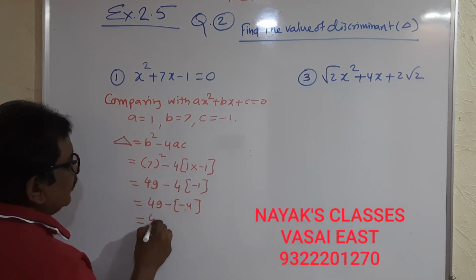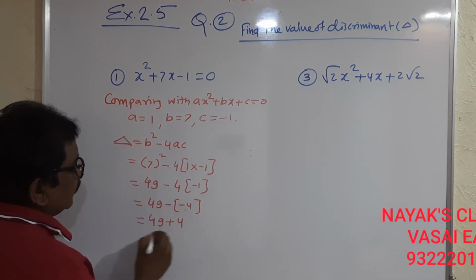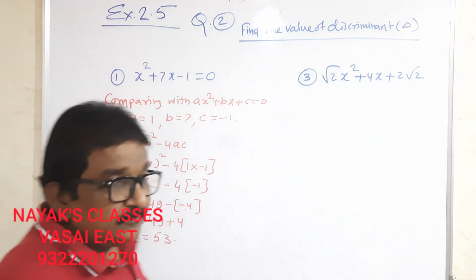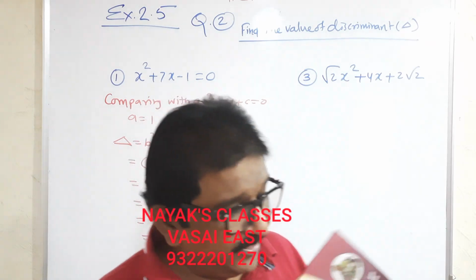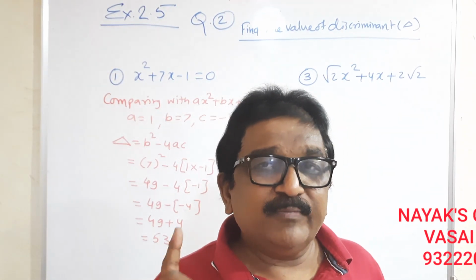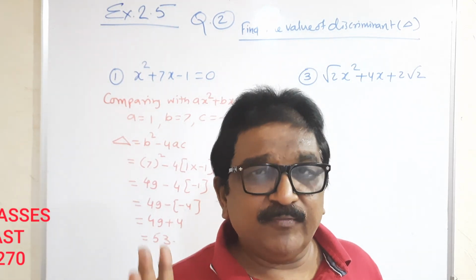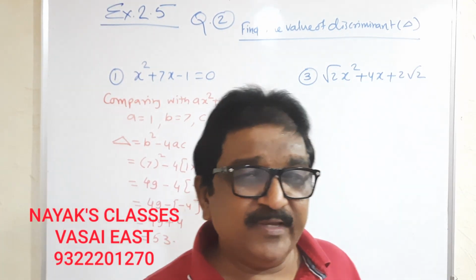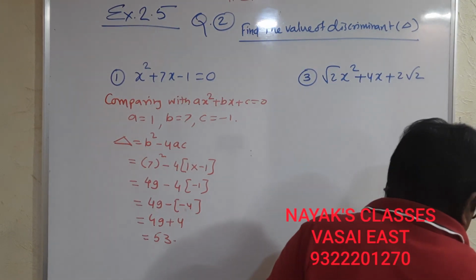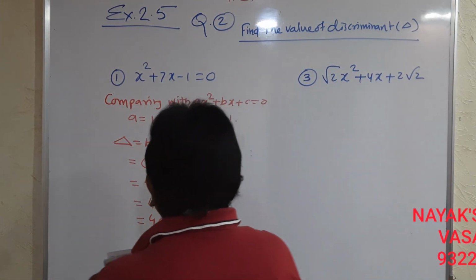So it will be 49 plus 4, which is equal to 53. We can decide the nature of roots here only. The b square minus 4ac is positive, so the roots will be real and unequal.